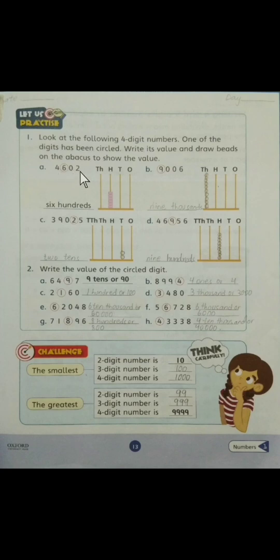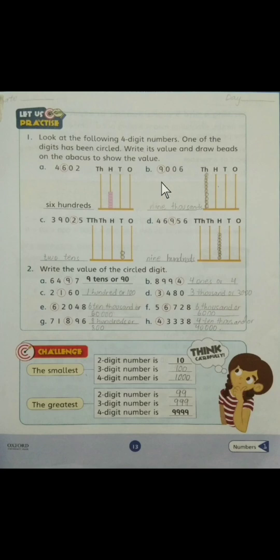What is the place value of 6, the circled number? Ones, tens, hundreds. So the place value of 6 is hundreds. We have to write 6 hundreds and draw 6 beads in the hundreds column.